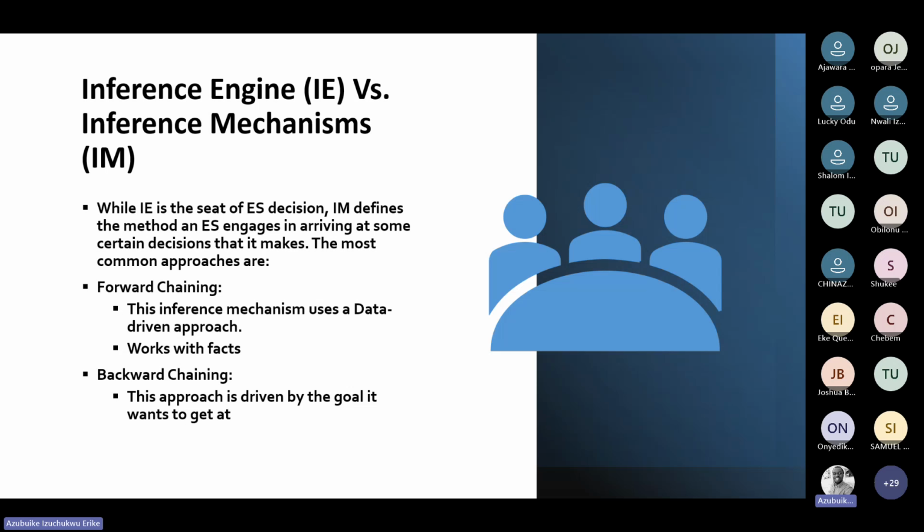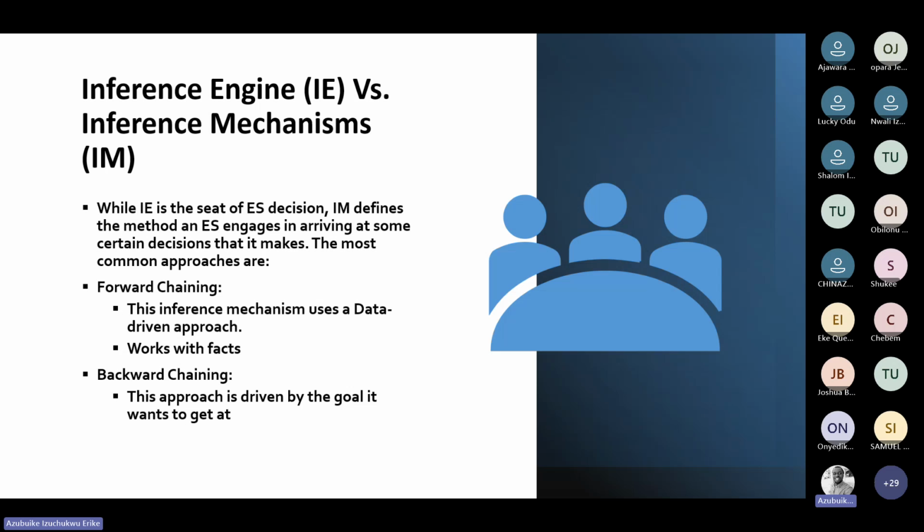So it starts from the malaria goal, because you have actually concluded that this guy has malaria. Now it starts from that particular point to drive back to see if indeed this guy has malaria. But if he does not have malaria, then it will come back to say, no, he does not have malaria. Okay. So that is backward chaining.